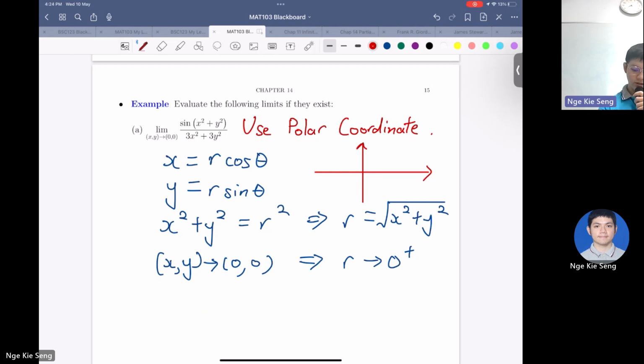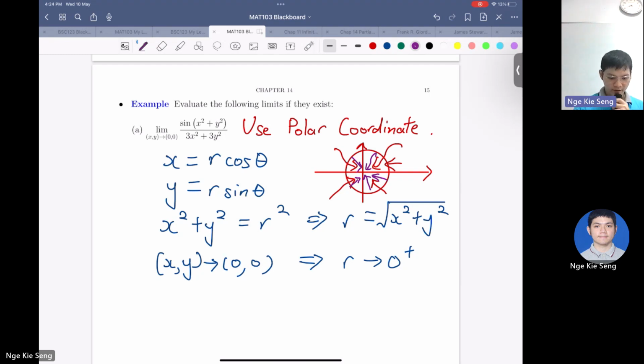You are approaching 0, 0 from anywhere. If you look at the circle here, this radius is getting smaller and smaller. So when you consider the radius, you consider all paths going to 0, 0.